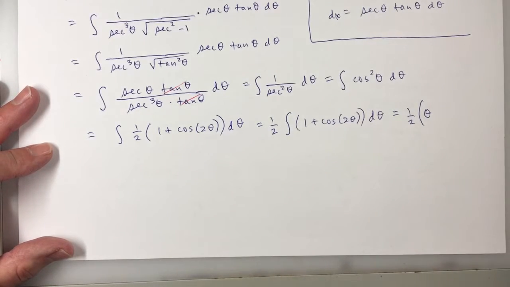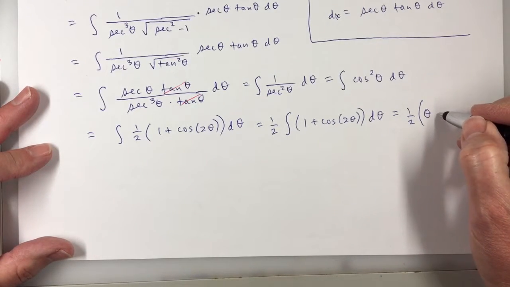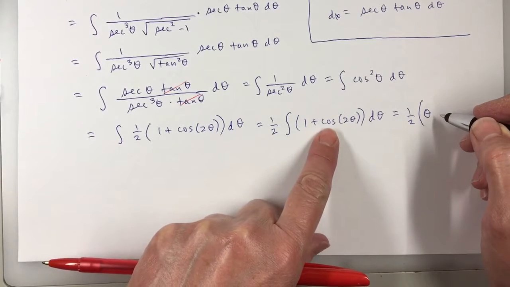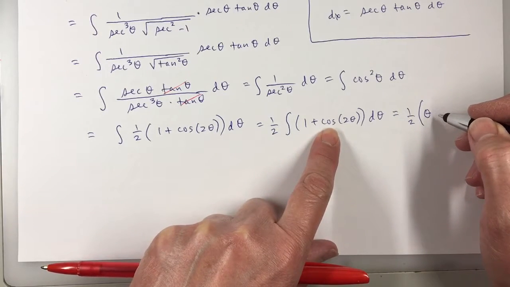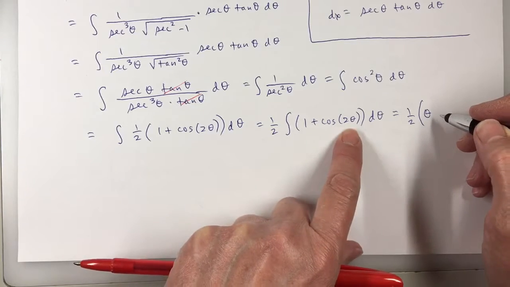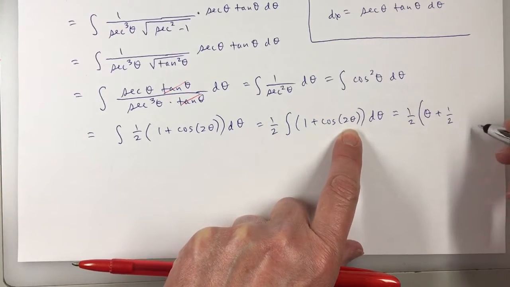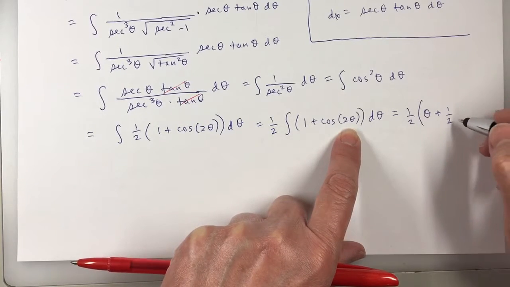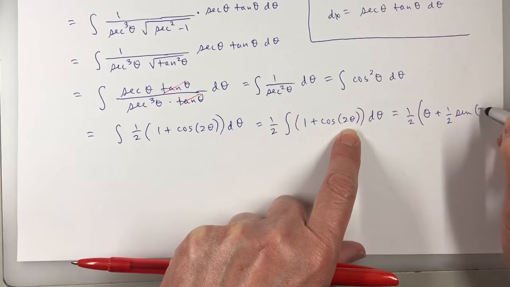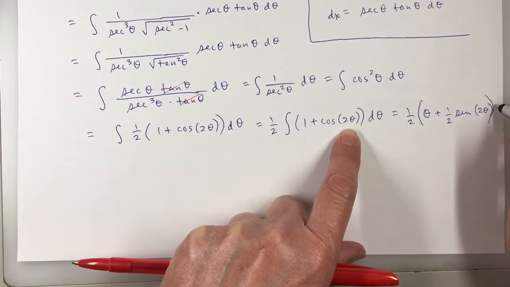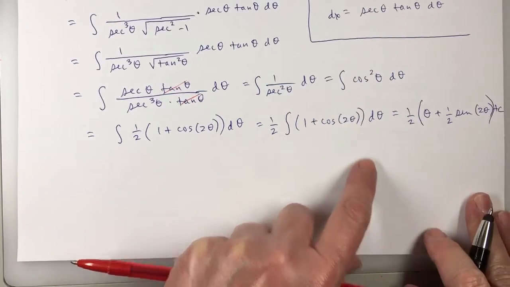But if you do this enough, you will learn that the integral of cosine is sine, and because of the 2 theta, when you do the u substitution, you're going to end up with a 1/2. So it's 1/2 sine 2 theta. I'll put on the plus c there.